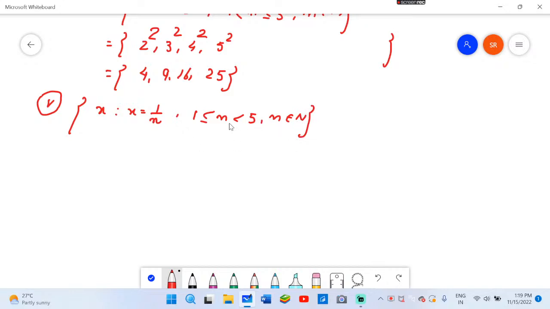So n is at most 4. Let us put values. n is 1, it is 1 by 1, and 2, 1 by 2, and 3, 1 by 3, and 4, 1 by 4.